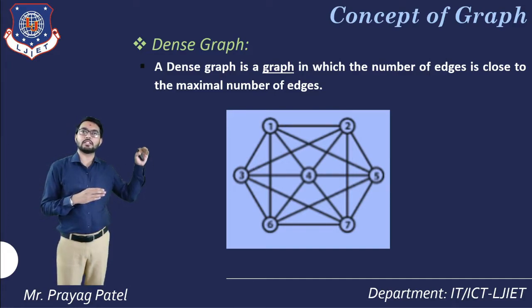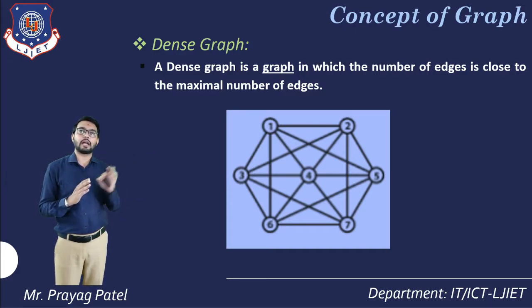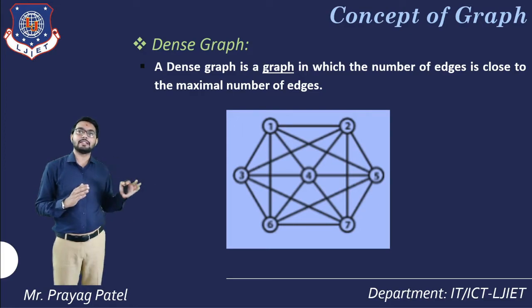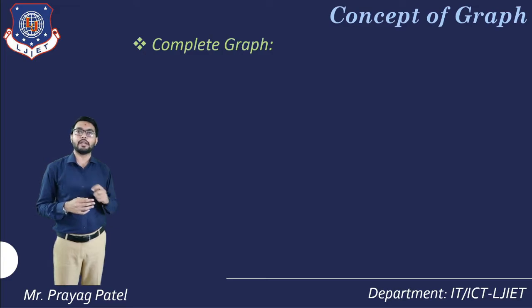For example, from node 1 to node 2, 3, 4, 5, 6 paths are available, but from 1 to 7 a path is not available. But this graph is considered a dense graph because compared to the number of nodes, many edges are available.